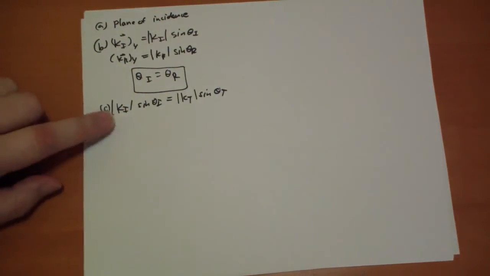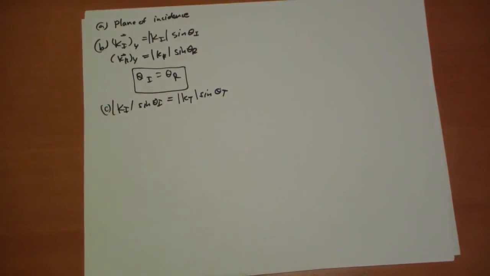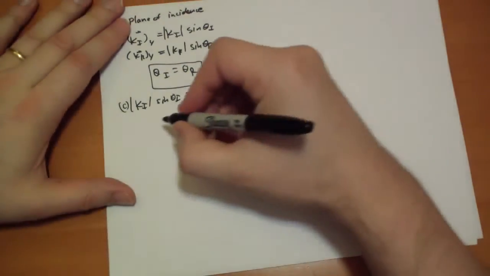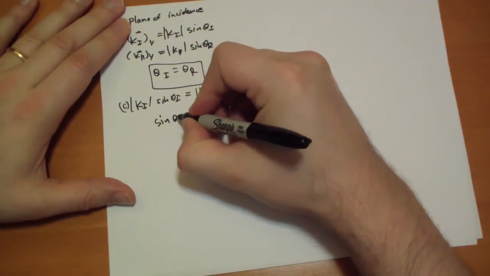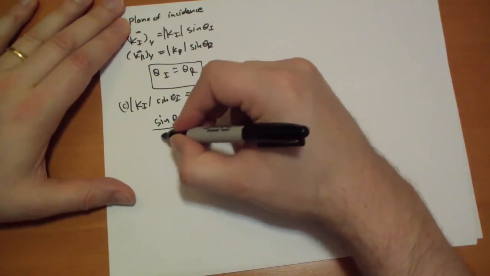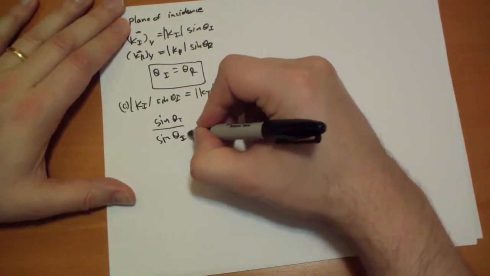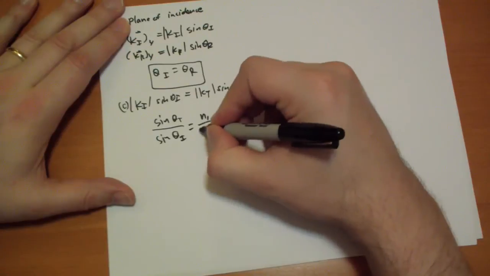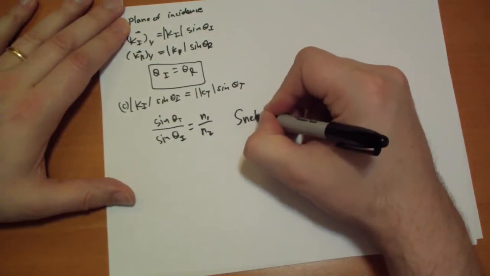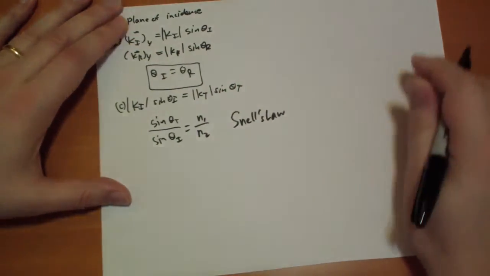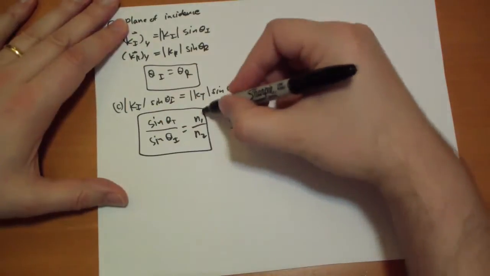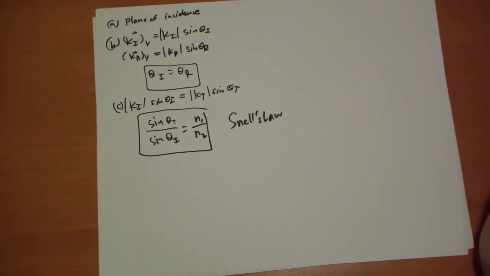Well, kappa I is related to kappa t by the material that it's in, and they have the same omegas, so we're able to rewrite this as sine theta t over sine theta I is equal to n1 over n2. This is Snell's law. So this is another important result. We'll actually be using this as we try to find the magnitudes.